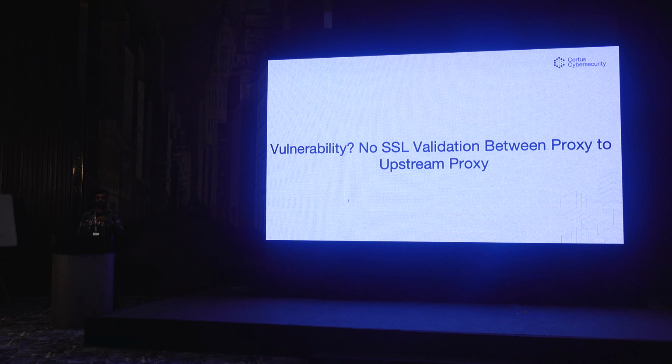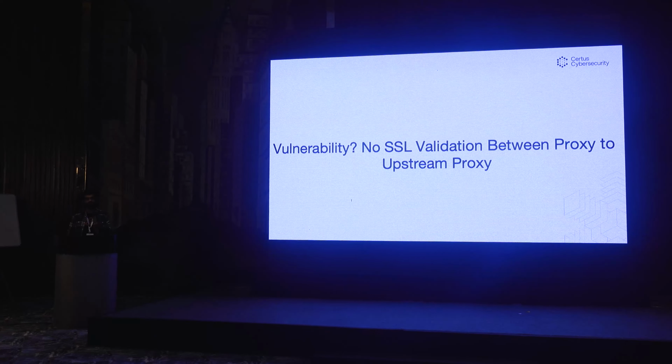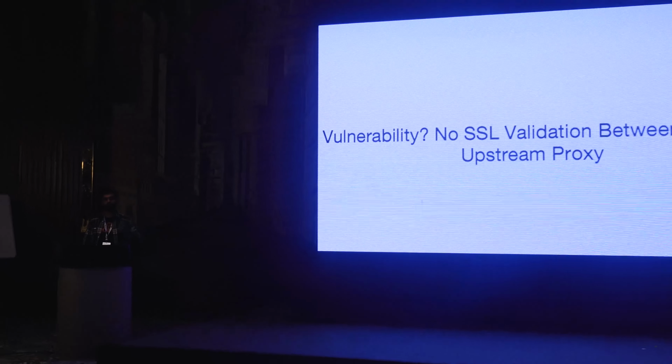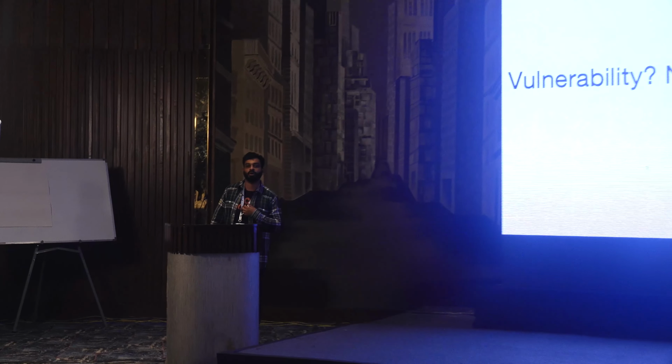Whenever I'm doing a man in the middle attack, Burp thinks it is sending traffic to the upstream proxy, but actually it is sending traffic to my IP, on which I am using Wireshark or Ettercap or some tool to perform the man in the middle attack.